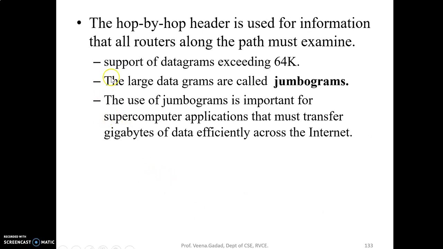The hop by hop header is used for information that every router across the path examines, and it supports datagrams exceeding 64 kilobytes. 64K was the upper limit in IPv4, but in theory IPv6 can support datagrams exceeding 64 kilobytes.